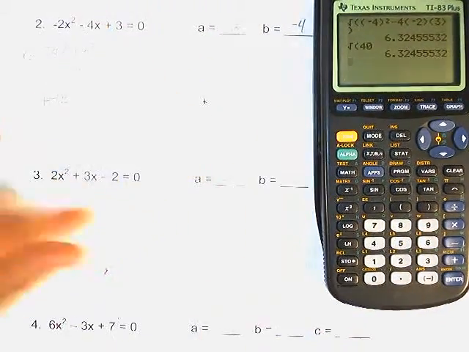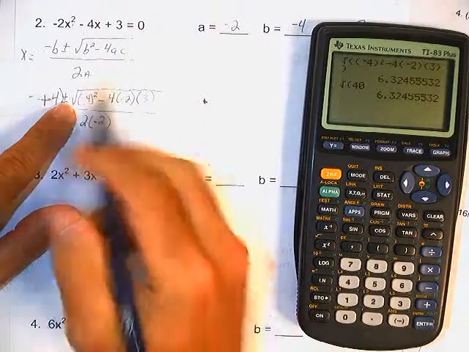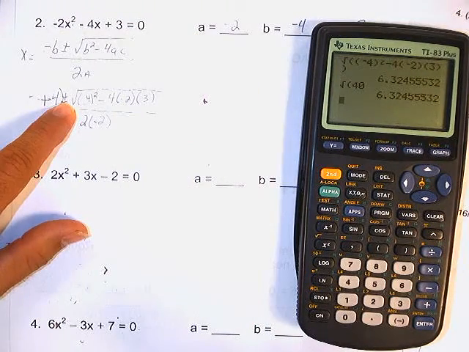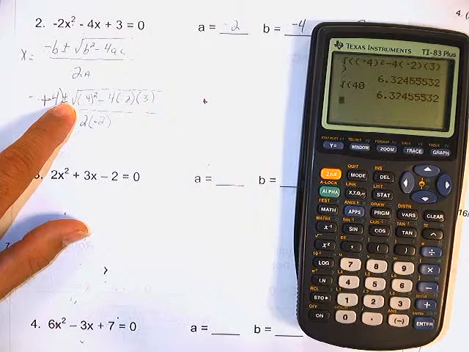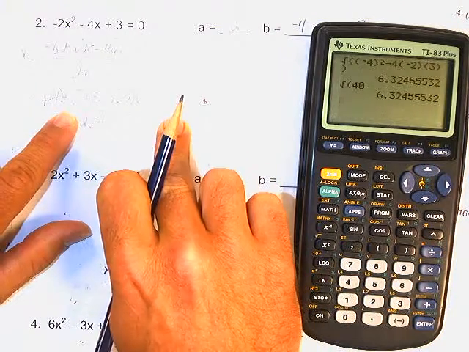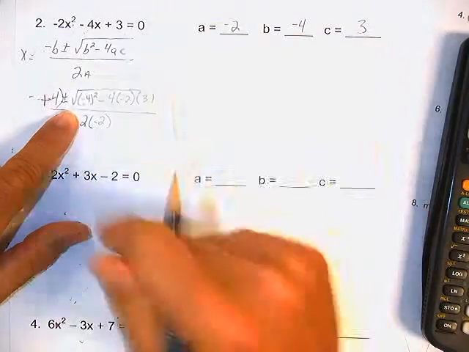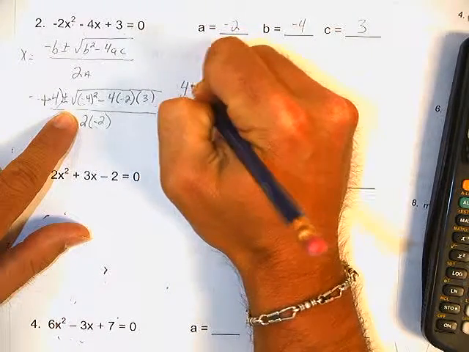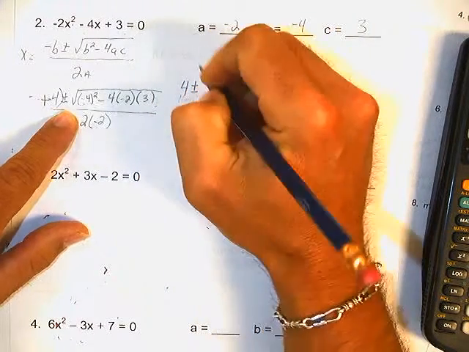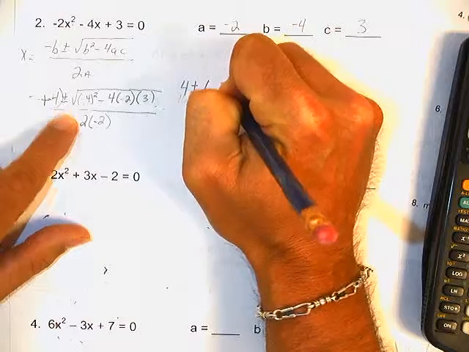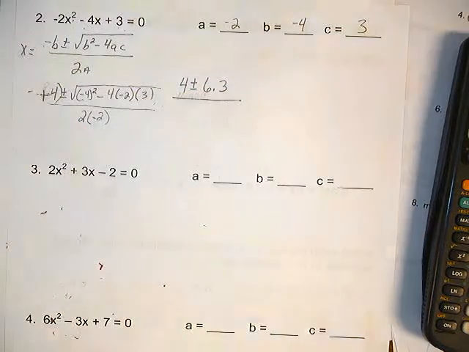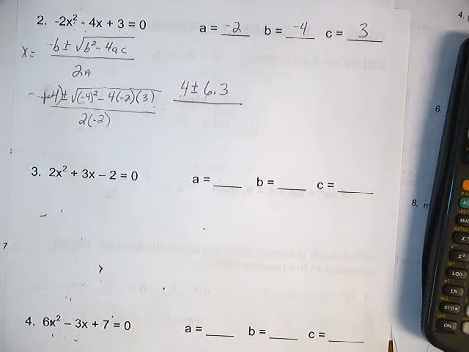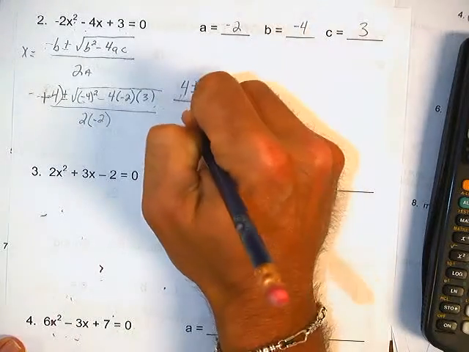So now all I did was put that whole thing in parentheses and put it in my calculator exactly like this. So now I have 4 plus or minus 6.3. What is 2 times -2? -4.